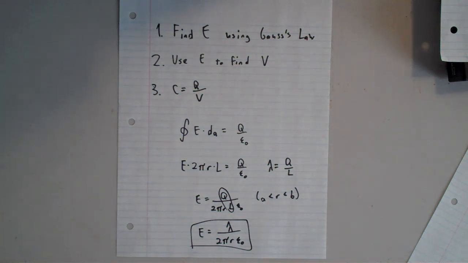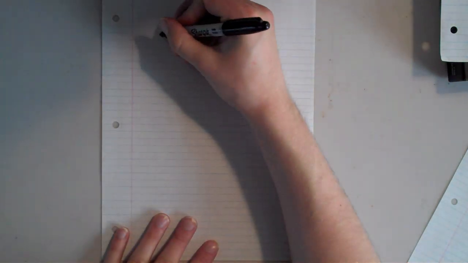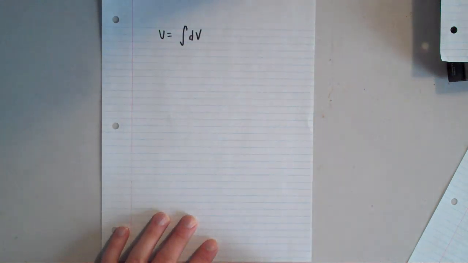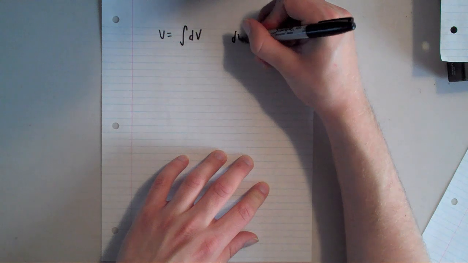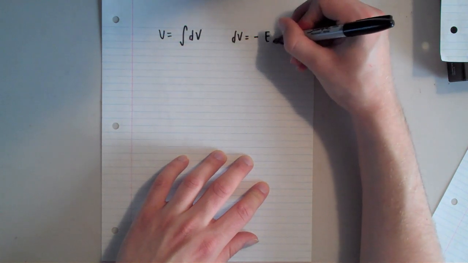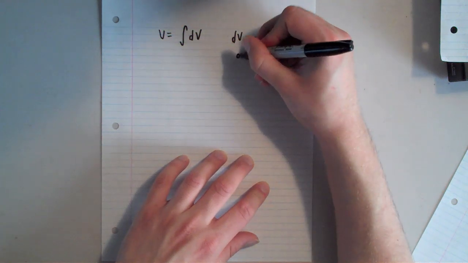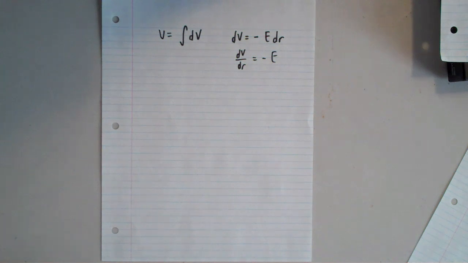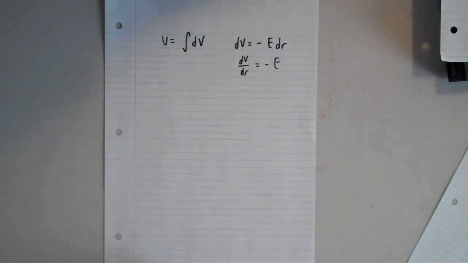Okay. Step 2 is to use this expression to find V, the potential difference between the 2 shells. We know that V always equals the integral of dV, but dV equals negative E dr, because dV dr equals negative E. That's just a standard electromagnetics equation.